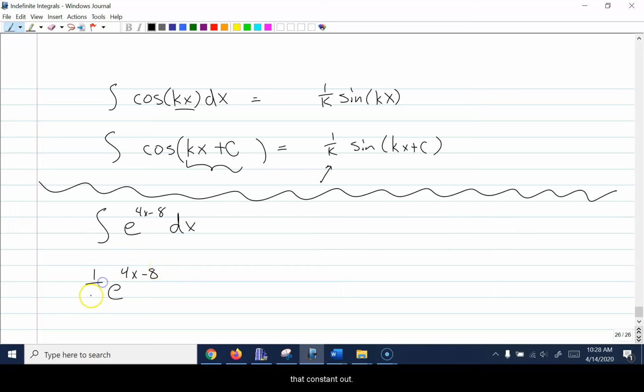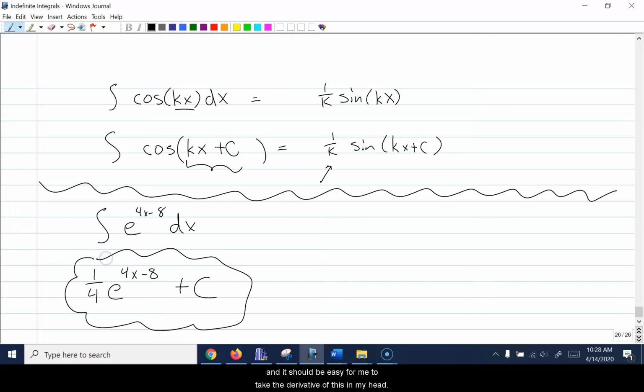And I need to divide by that constant out front. That constant that will come out when I take the derivative is a 4. And it should be easy for me to take the derivative of this in my head. 1/4 e to the, leave the inside alone, times the derivative of the inside, which is a 4, cancels the 1/4, I get this. You want to be able to do something that complicated in your head.